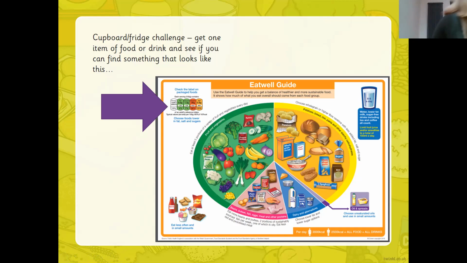Off we go. I'm back. I'll just give you a couple more moments to see what you can find in your cupboards or your fridge. Whatever you found, has it got one of those types of labels on it?